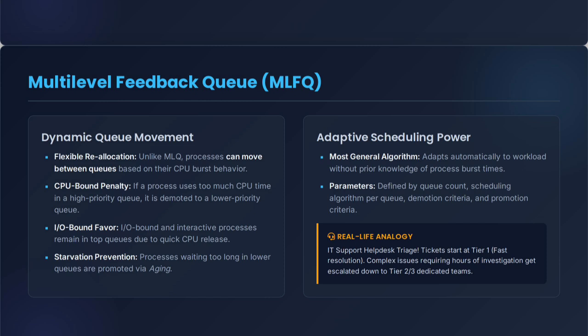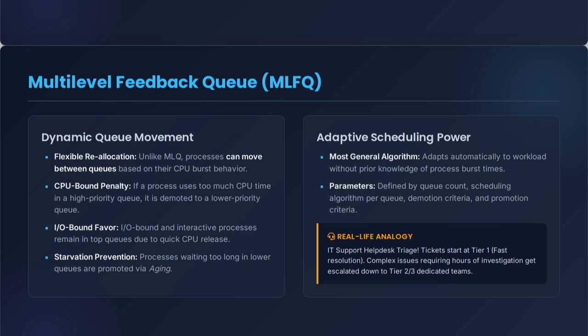If a process waits too long in a low priority queue, it is moved to a higher priority queue.